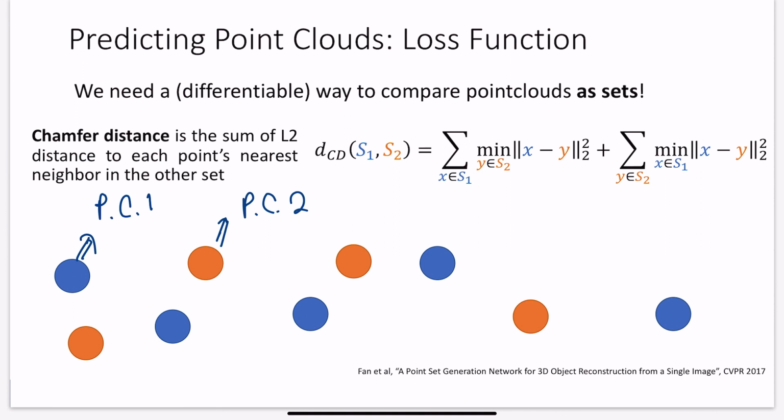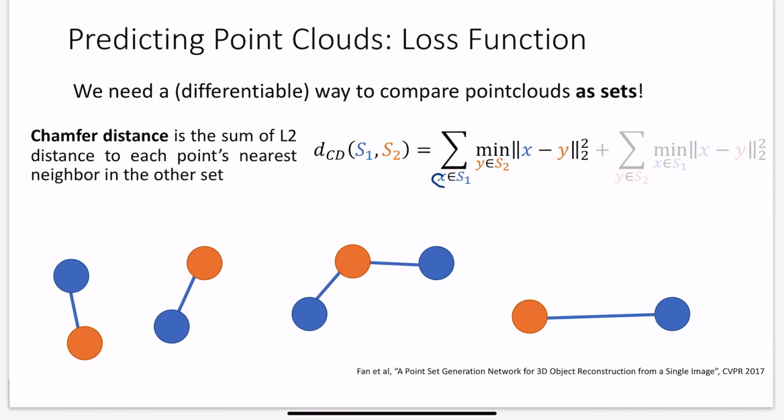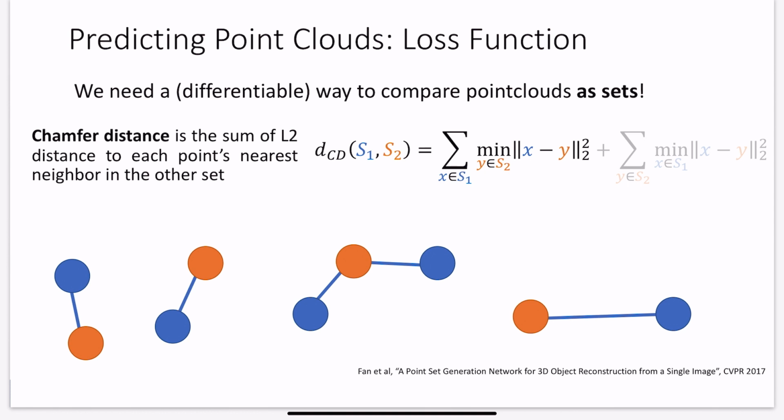Let's say PC2 is the ground truth and PC1 is estimated by your model. The chamfer distance works like this. First of all, for each blue point, let's say x, find the nearest neighbor, let's say y, in S2, like this.